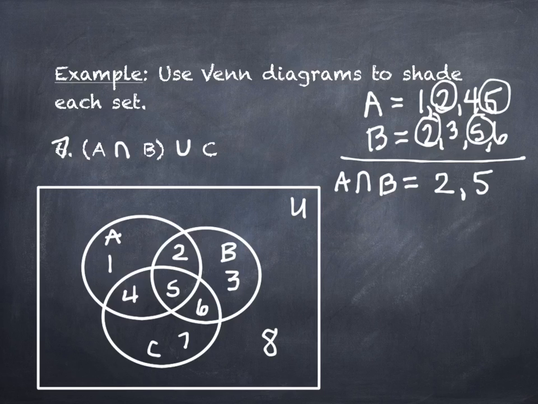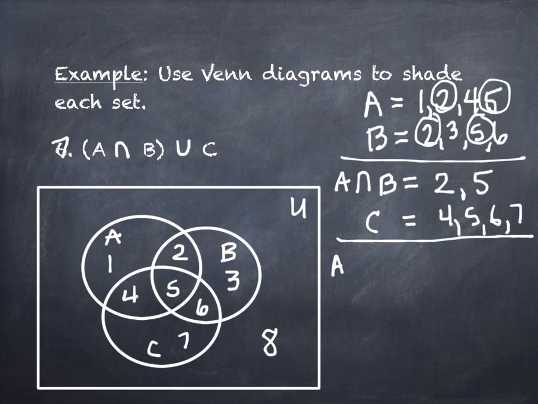And I want to join that with set C, so I need to list what set C has. So what items are in set C? 4, 5, 6, 7. Exactly. And then I'm going to join these together again in the way that it described above, which is with what operation? Union this time, right here.